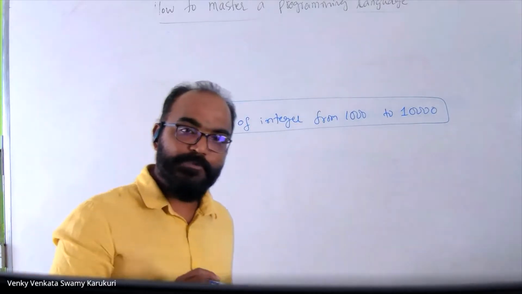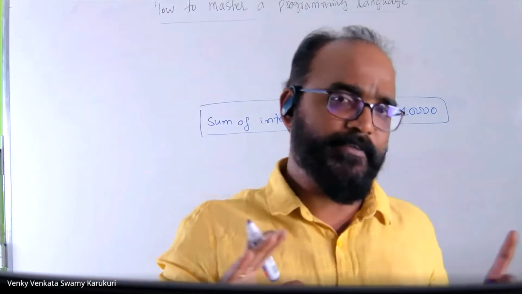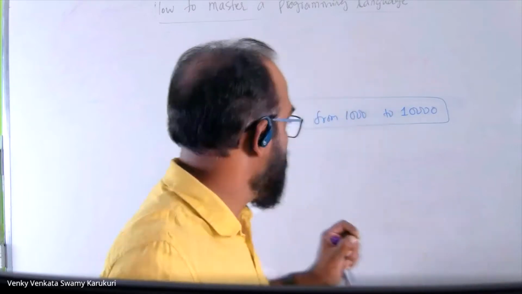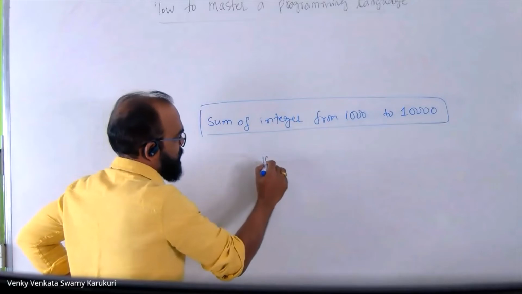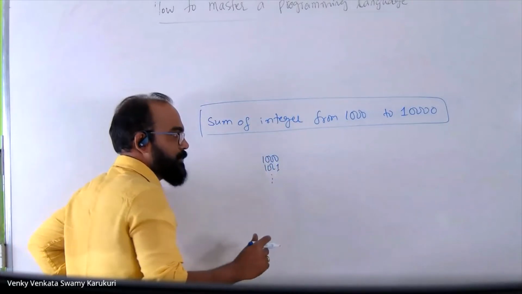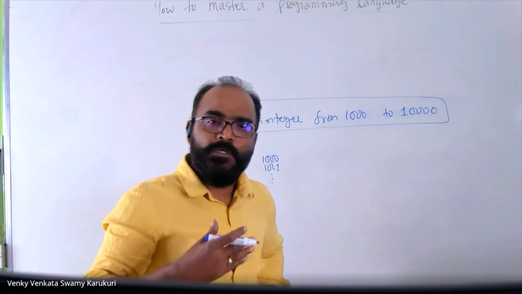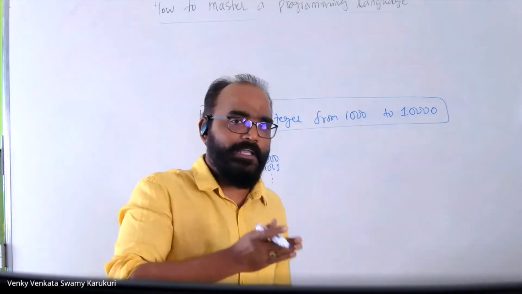You make an attempt to solve it on paper. First thing, same method, I don't deviate from the method: solve it on paper. How do I solve it? So 1000, I add 1001, 1002, then 2000, 2001, 2002, and it goes on till 10,000. Then sum them up. That's where the calculator came in.